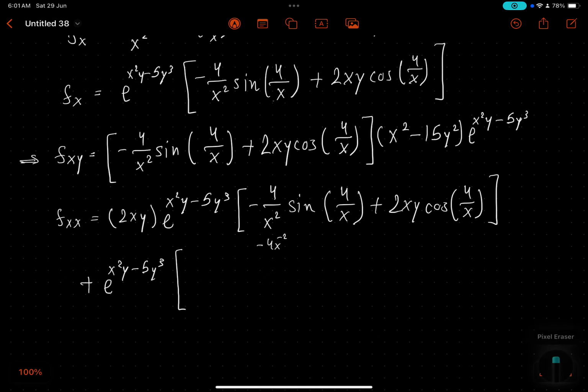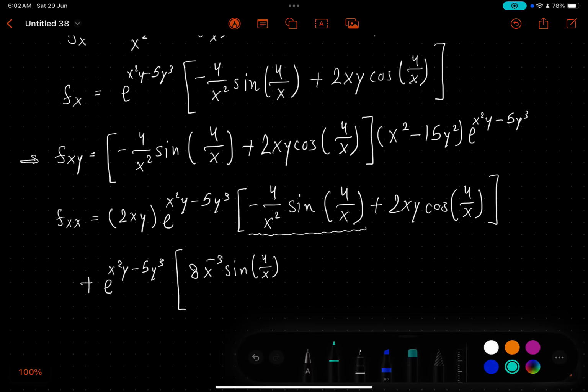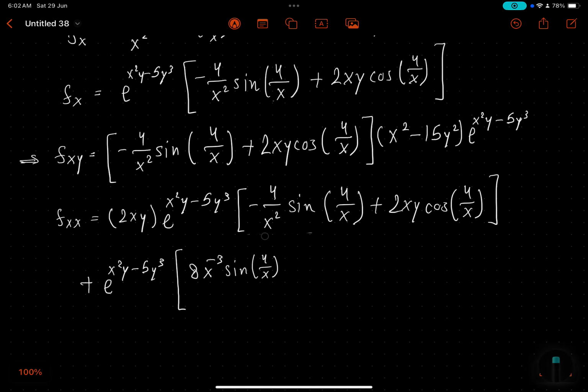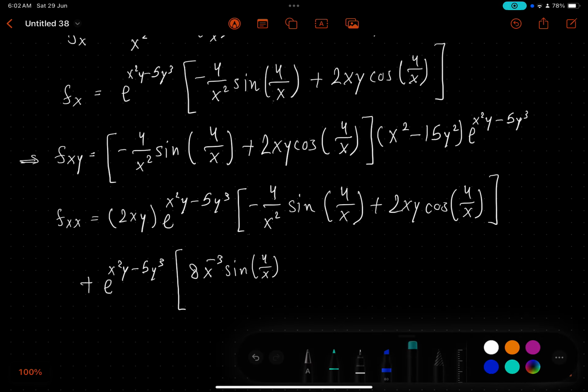So it's going to give us 8x to the negative 3. Now we are doing this term, 8x to the negative 3, because this is basically minus 4x to the negative 2. We differentiate that and get this, and then times sine 4 over x. Now the second part, let's change colors so you can see what's happening here.